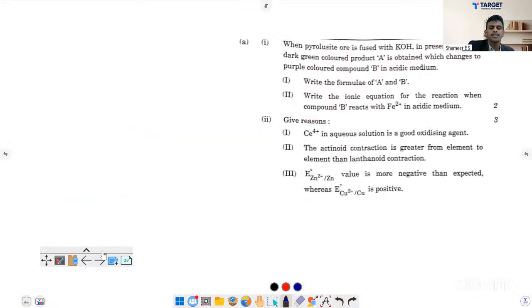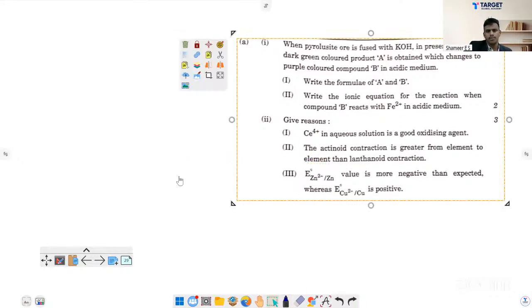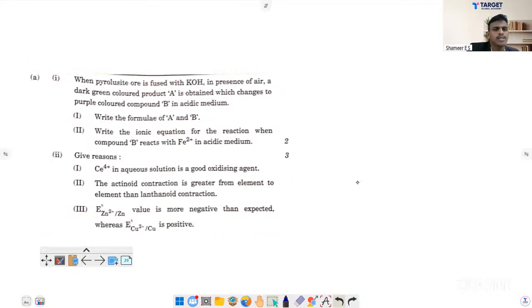Now, what are some different questions from set 2? Okay, one. This is simple. When pyrolusite ore is fused with KOH in presence of air, a dark green colored compound forms: potassium manganate. It is obtained, with changes, to purple colored B in acidic media: potassium permanganate.